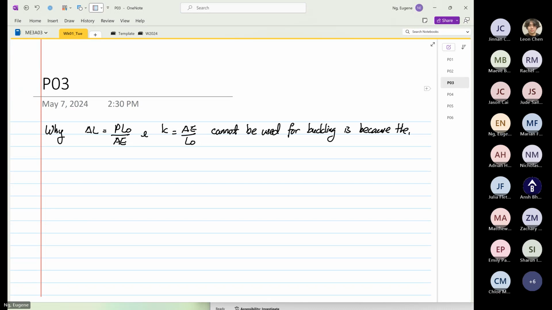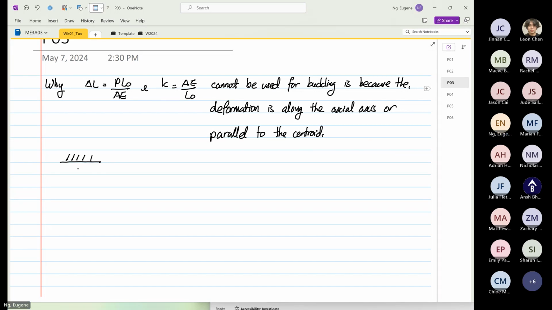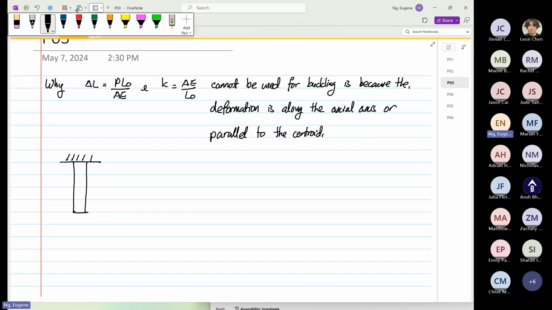the deformation is along the axial axis, or parallel to the centroid. So what do I mean by that? Remember the green line that I've drawn? We have the structure earlier, and then this green line we have drawn.